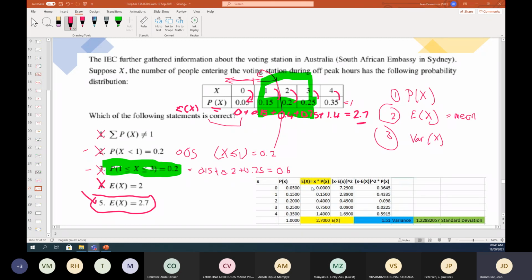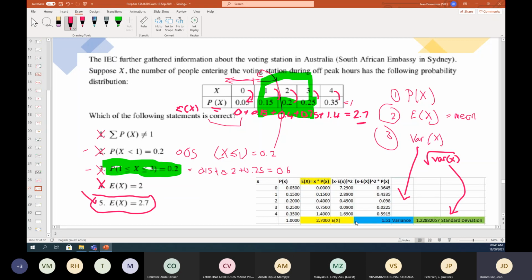Okay, and then the Excel makes it much easier if we needed now to get to the variance and the standard deviation.